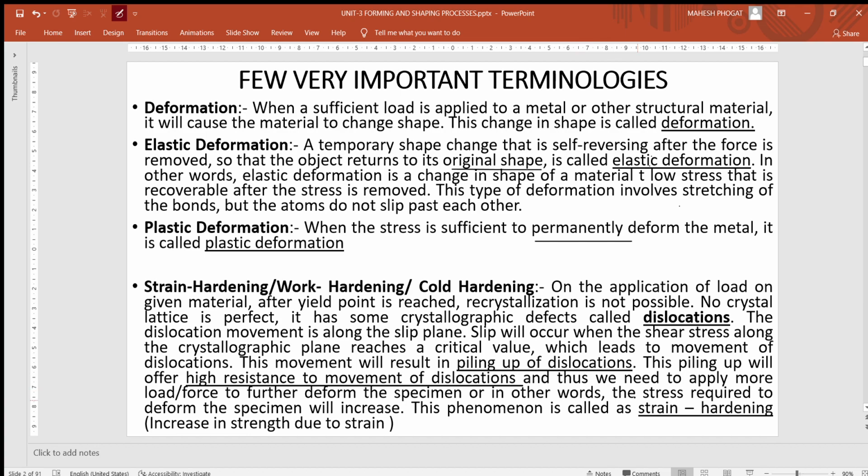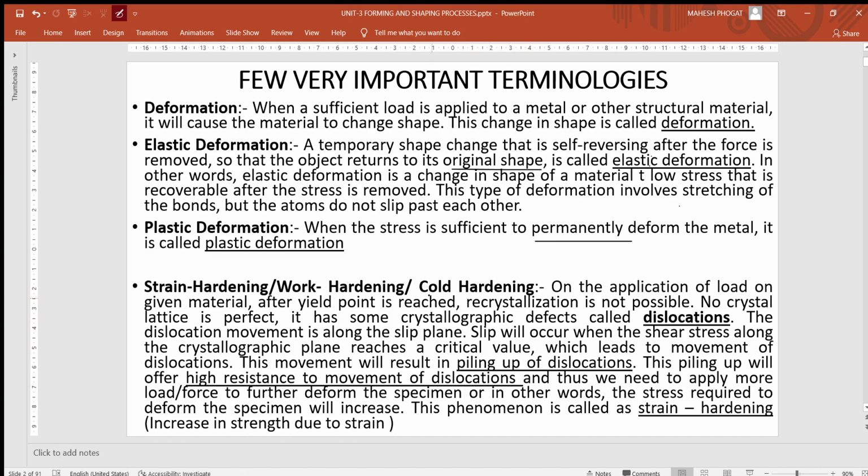In other terms, the stress required to move these dislocations will increase. This phenomenon, where the requirement of stress increases due to the piling up of dislocations, is called strain hardening.